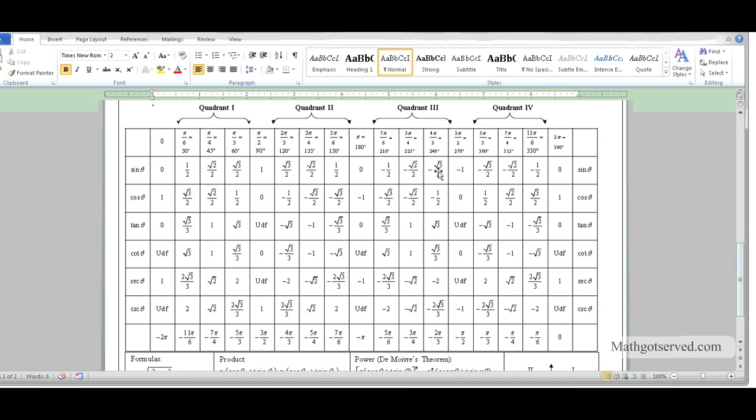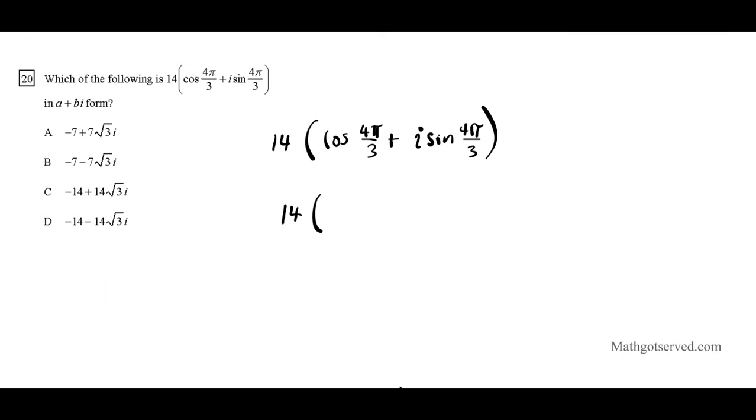These are the sine and cosine values of 4 pi over 3, which is also equal to 240 degrees. Let's go ahead and put that in. From our chart, cosine 4 pi over 3 is negative 1 half plus sine 4 pi over 3, which is negative root 3 over 2, so negative root 3 over 2i.